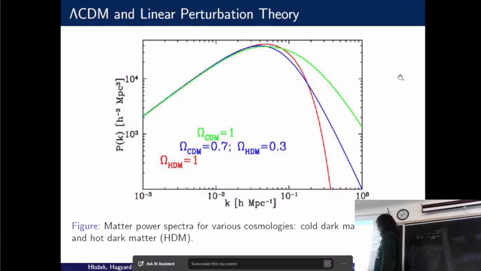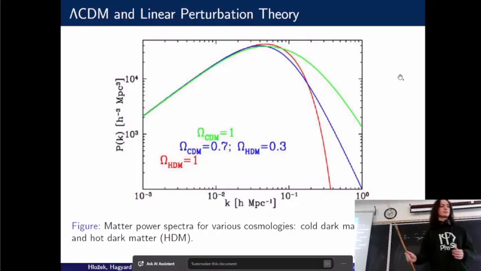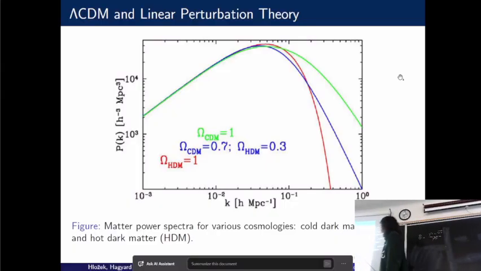So at high Fourier scale, which corresponds to a small real scale, you can see that cold dark matter has perturbations that survive at greater intensity than hot dark matter, which, as I mentioned, at small scales, due to quantum effects, which we'll describe later in the presentation, suffers from dissipation at large K scales.